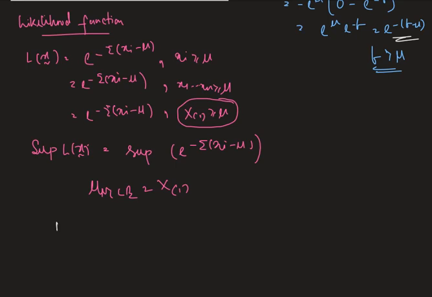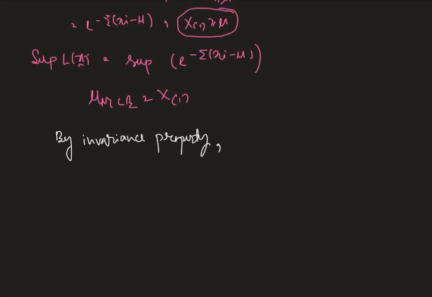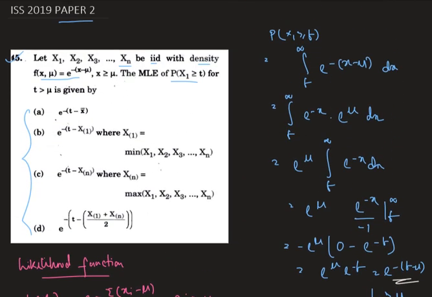Therefore by the invariance property, we can write the MLE of e^(-(t - mu)) is equal to e^(-(t - x order 1)). Okay, therefore B is the correct answer.